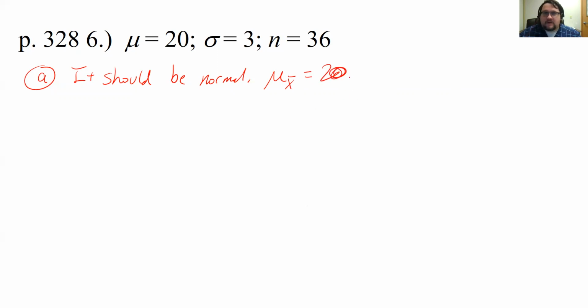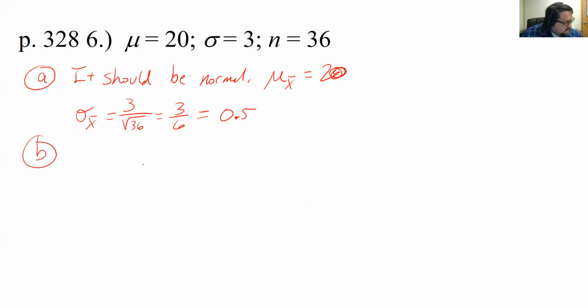The standard deviation of the sample means should be the original standard deviation divided by the square root of your sample size. So 3 divided by 6 is 0.5. It should have a standard deviation of 0.5.